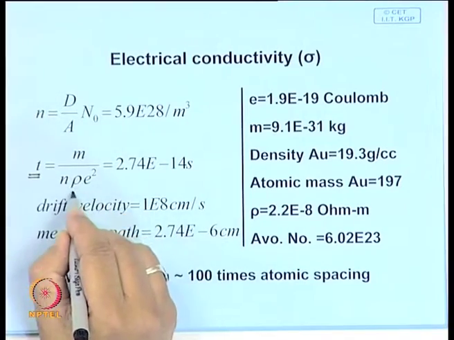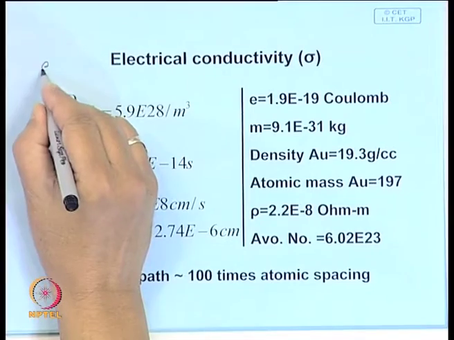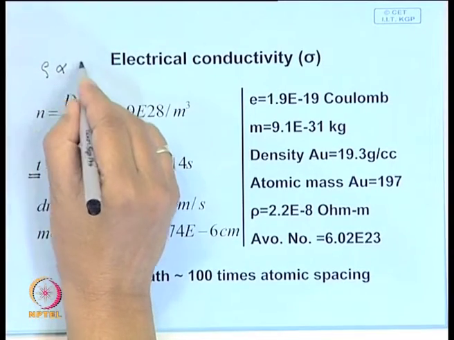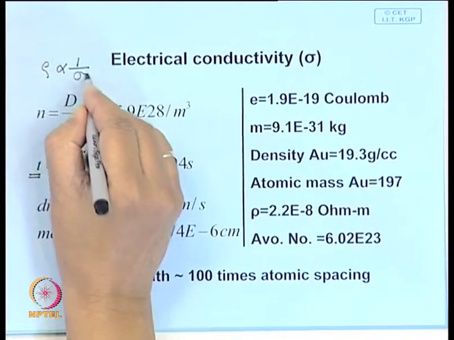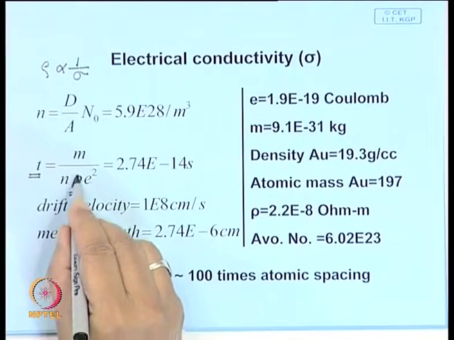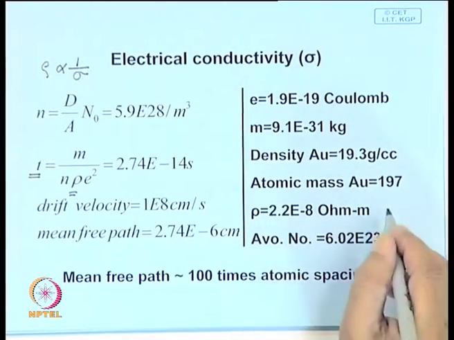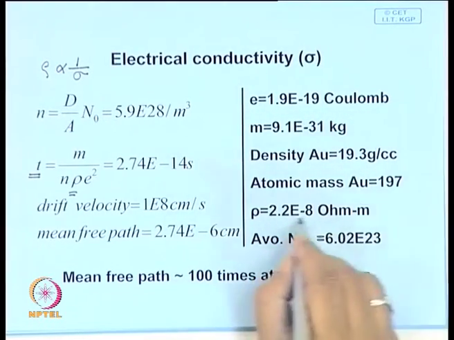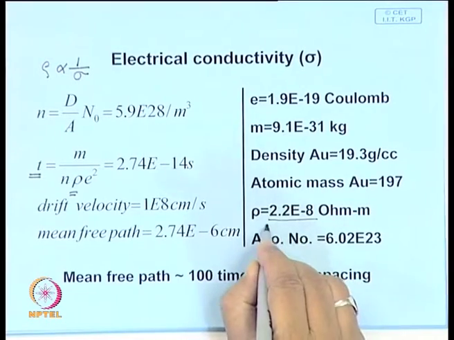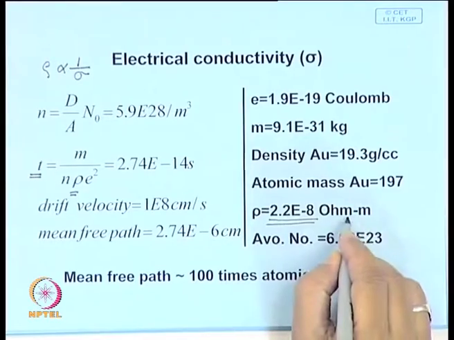See, rho is the resistivity, which is 1 over conductivity. For metals this is known. Take the case of, let us say, gold, for which the resistivity is 2.2 times 10 to the power minus 8 ohm meter.